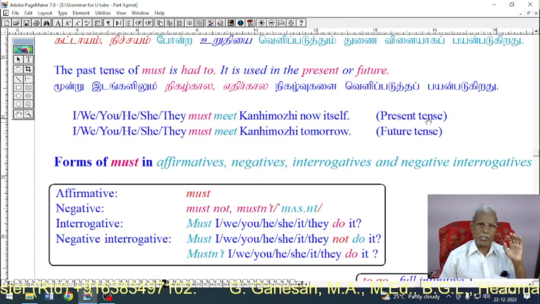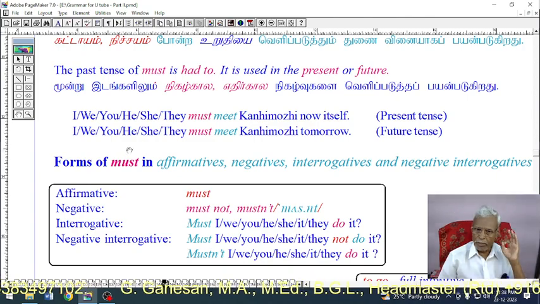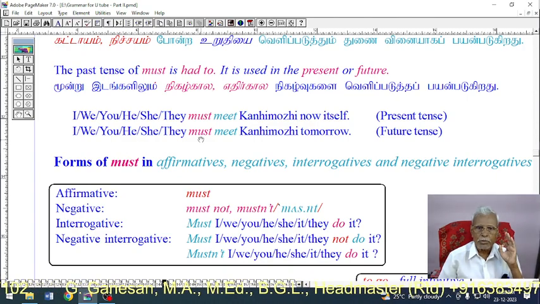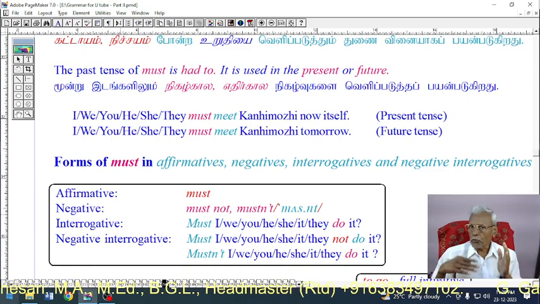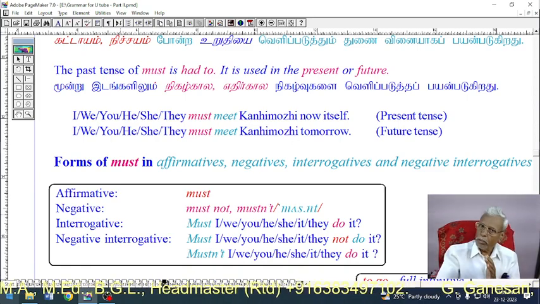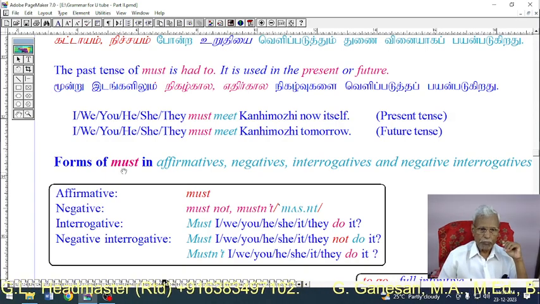That is present tense. I must meet her now itself. I must meet Kanimuli tomorrow, future. So, to refer to present and future actions, we can use must.